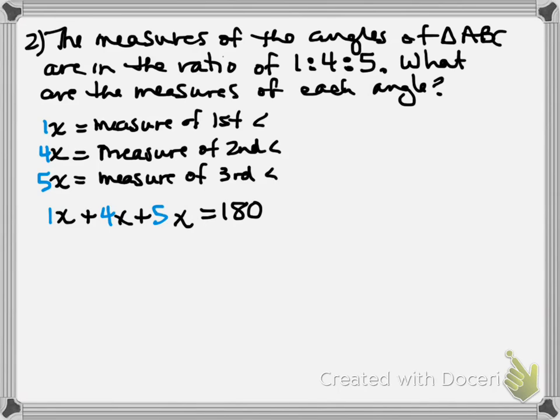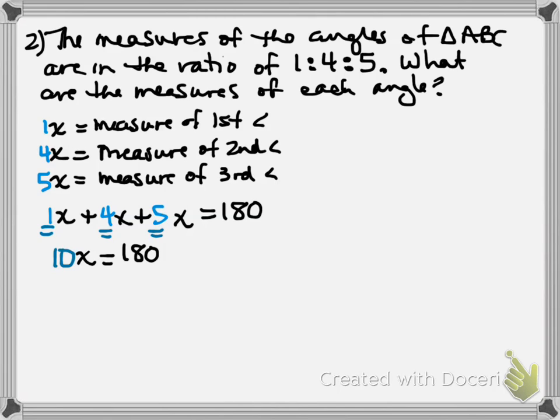Now, these are called like terms, right? Because they have the same variable with the same exponent. So I'm just going to take the coefficients and add 1 plus 4 plus 5. And what does that give me? 10. So now what I have is 10x equals 180.